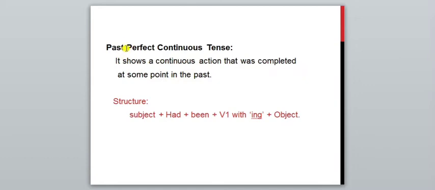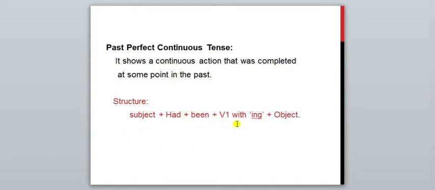We have seen that the action was started in the past and still it is going on. There was a sentence, and what was that? I have been reading a novel. Means the action of reading the novel is still going on, still continuing. But here it started in the past and it was completed in the past only.